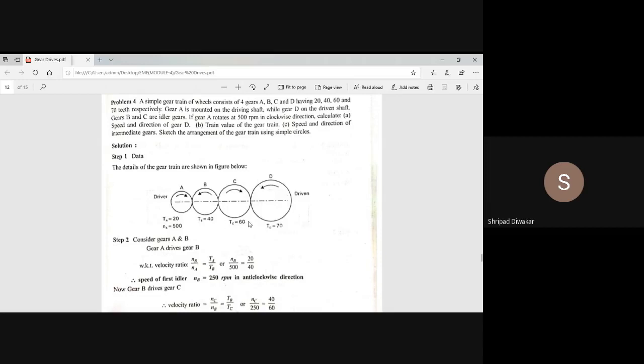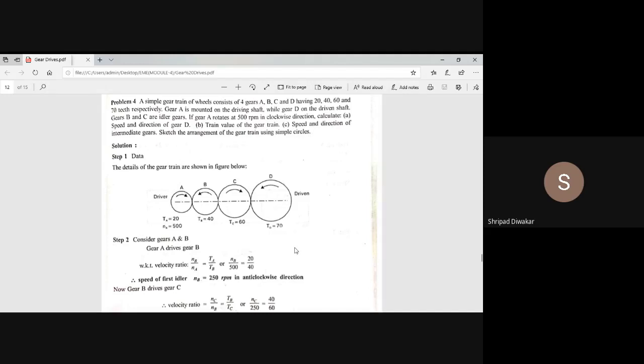And the third gear is C. Number of teeth on the third gear is 60. And the last one, number of teeth on the last gear is 70. Okay, so one is in clockwise direction, another one is anti-clockwise, the third one is clockwise, and the fourth one is anti-clockwise. Like that you have to draw the diagrams.